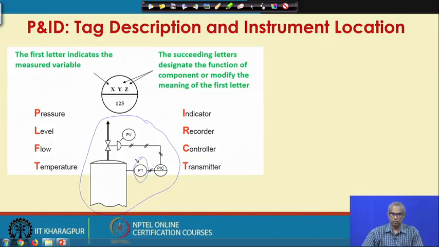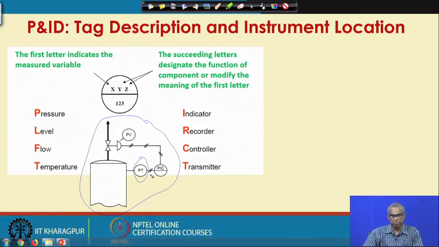So, the sensors are indicated by a circle like this and it will have a tag which consists of letters, and there is significance of the first letter and the succeeding letters. The first letter indicates the measured variable.